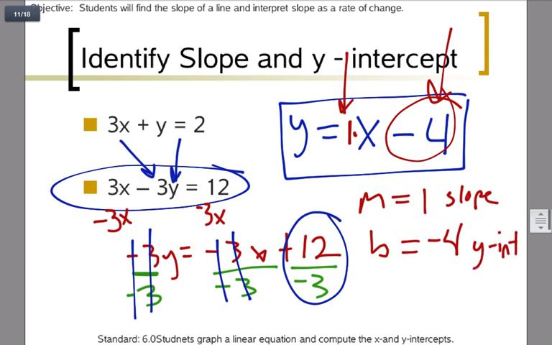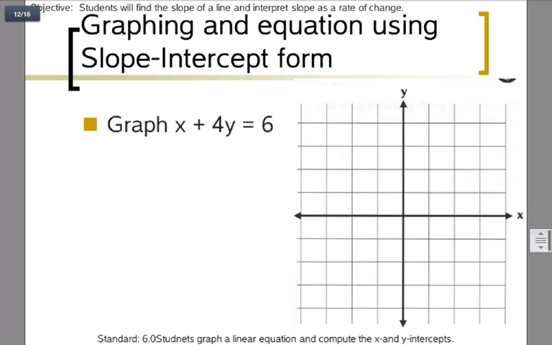Okay, so now let's actually see that in an application problem. We're graphing x plus 4y equals 6. First of all, let me back up. We've already learned how to graph it using intercepts.